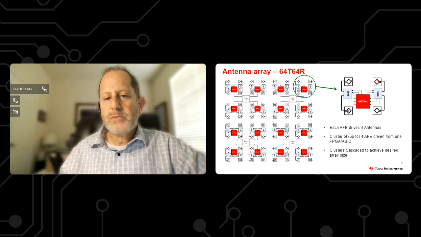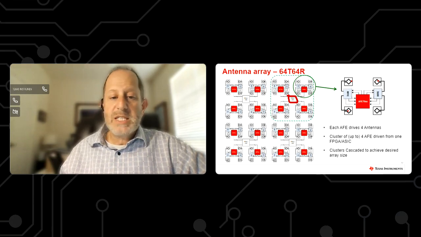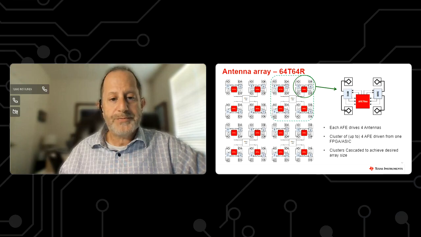We can take multiple copies of that solution. We can put those together with a single FPGA approach. And so now we've got a tile. We've got effectively a 16T, 16R tile, 1 FPGA, 4 AFE parts, 16 antennas.